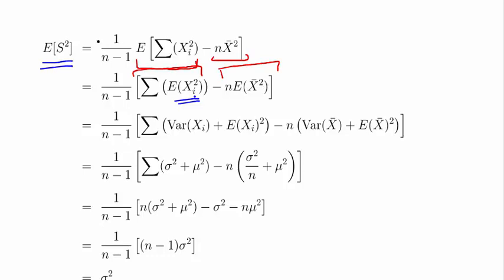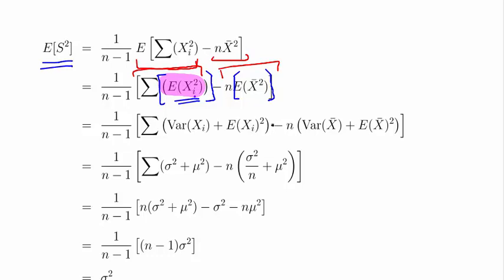Okay, now this is where things get a little bit complicated. We have two expressions here, and I'm going to look at what's inside this summation, and also this expectation here.